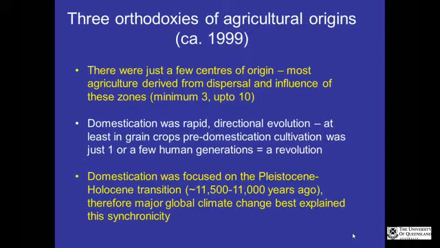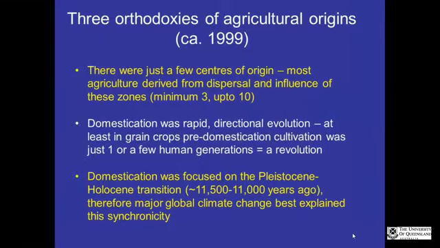And that domestication was a rapid process, so that once people set out to cultivate plants, they set out to domesticate them. It was a very quick evolutionary process, with estimates of the change in plants taking place between 20 and 100 years, so just one or a few human generations. In this sense, it was really a revolution, but I think we can now question that. And then domestication, it's often said, was synchronous globally.